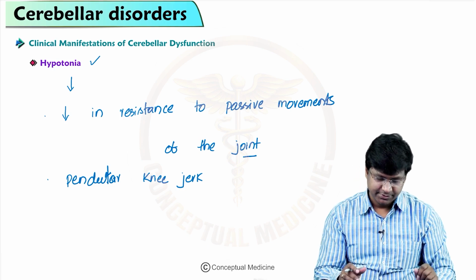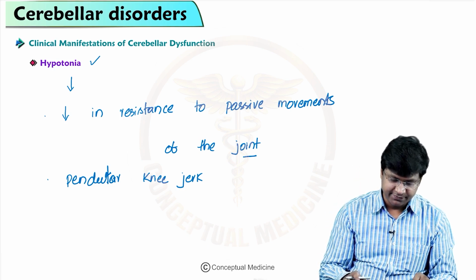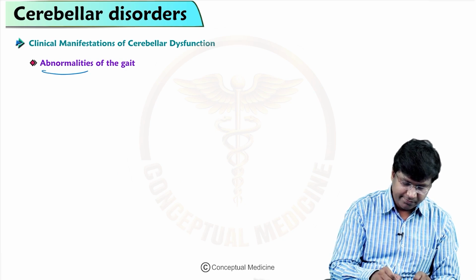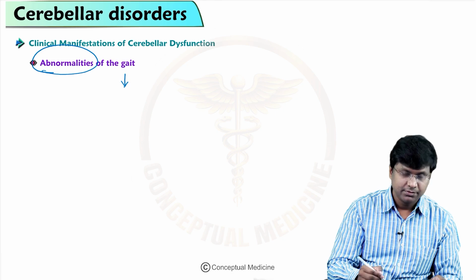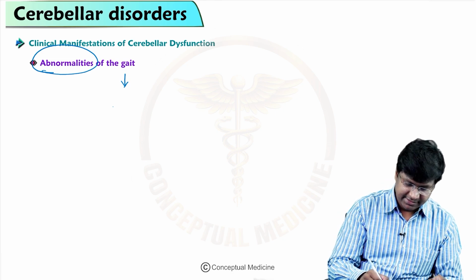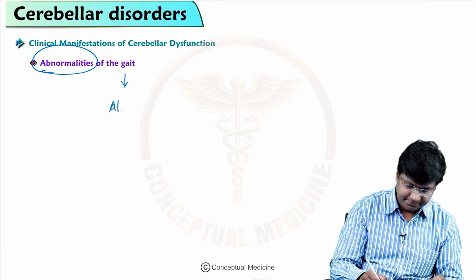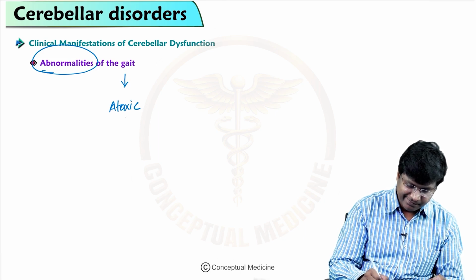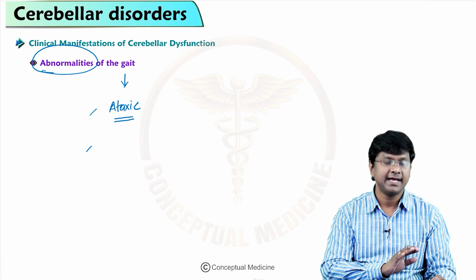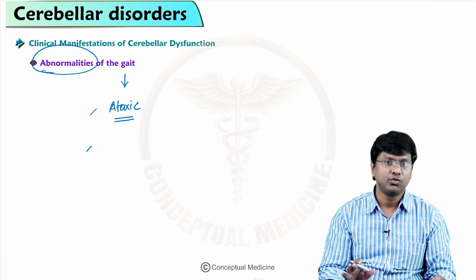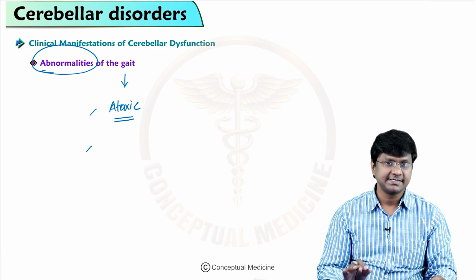Next, in case of cerebellar dysfunction, there are also abnormalities of the gait. The gait is the ataxic gait, where the individual will have loss of balance while walking. That is called ataxia.